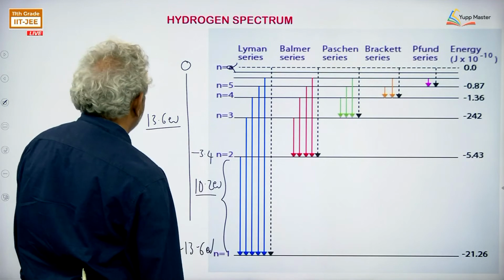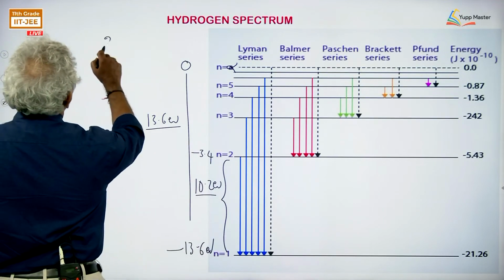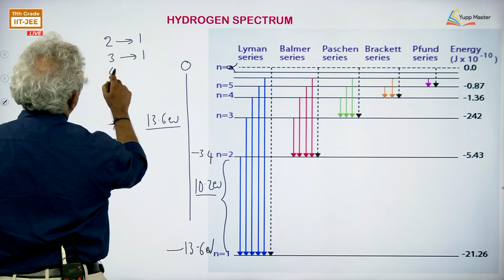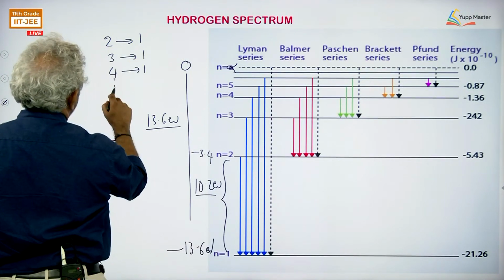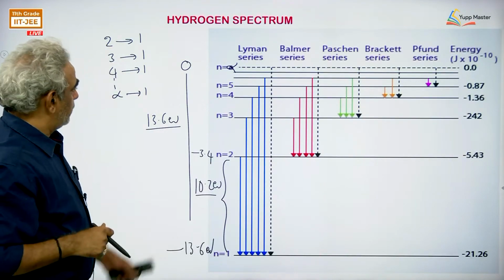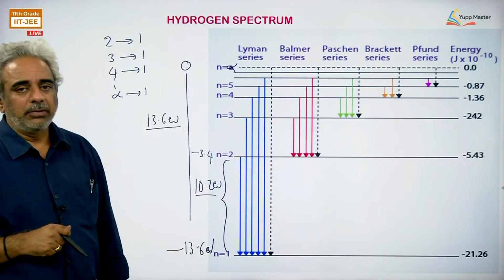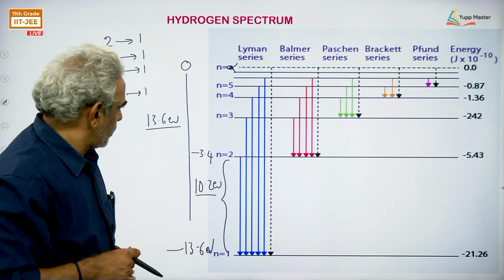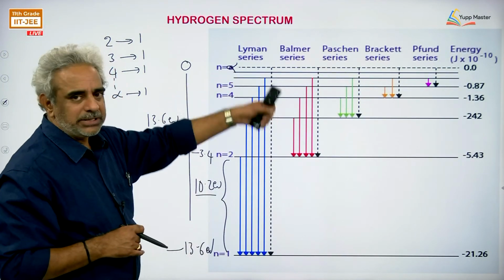See how many varieties of lines you may find in the first series, the highest energy series. And we call this series the Lyman series.